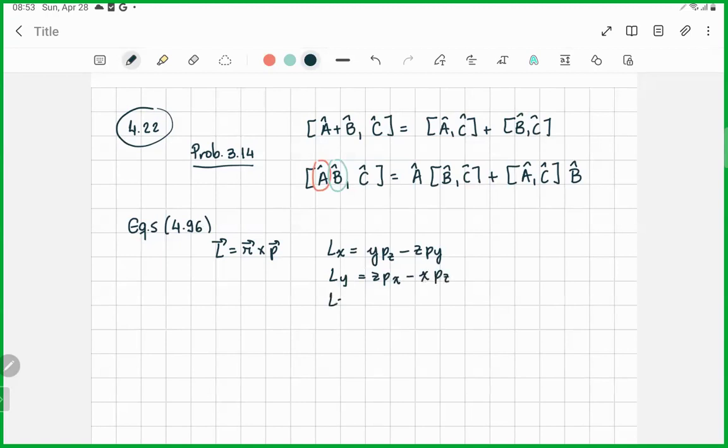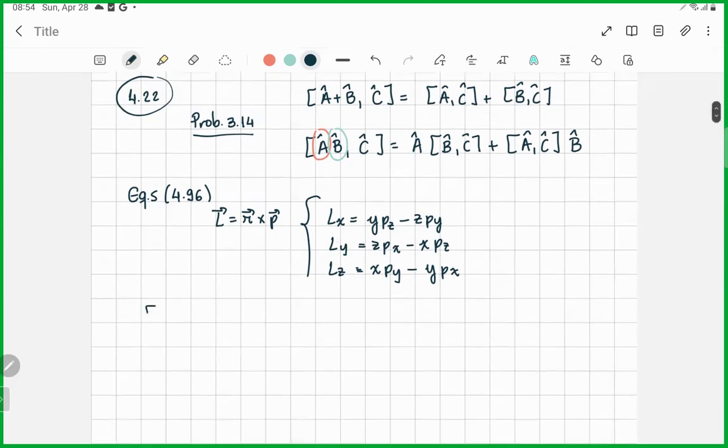X PZ and find LZ is X with PY minus Y with PX. Now, these are commutators, and we know that the commutator of X and P is not zero, it is i h bar. And careful here, because this is X with which P?